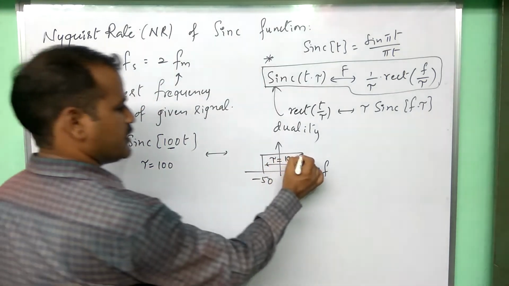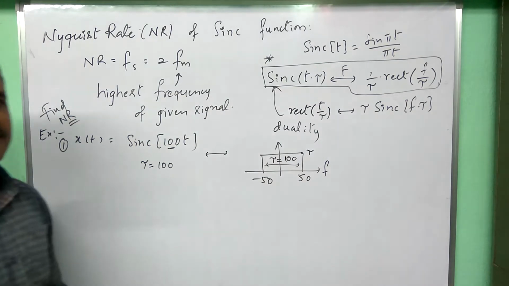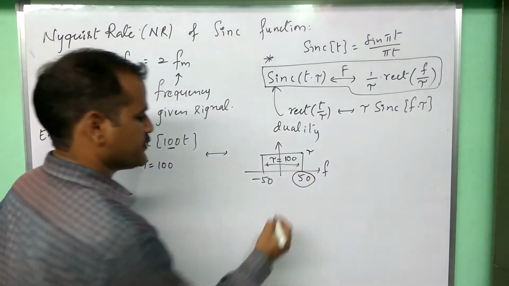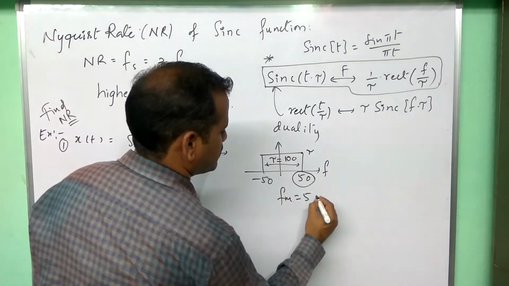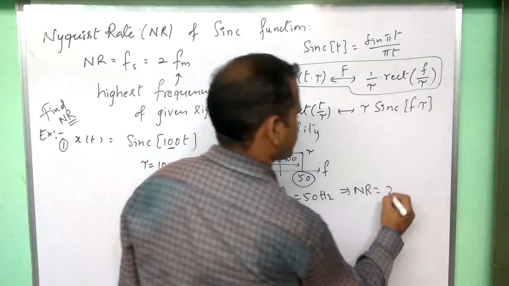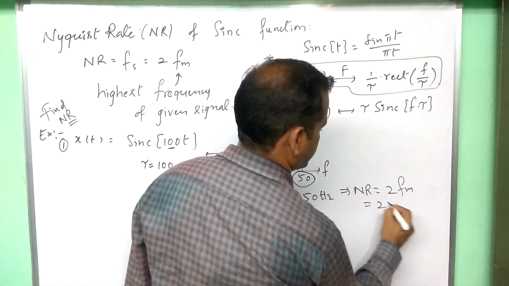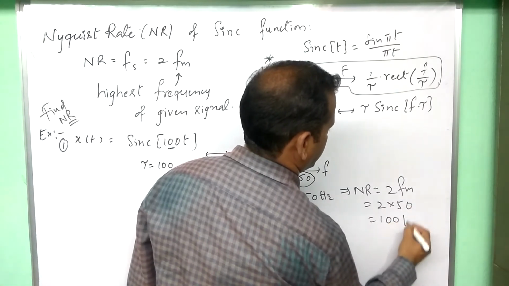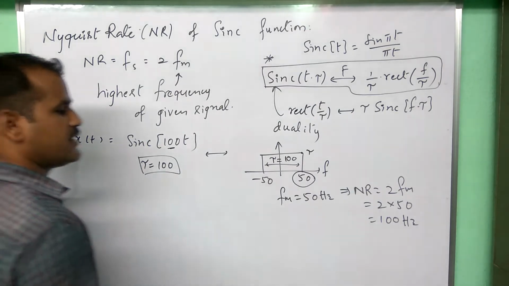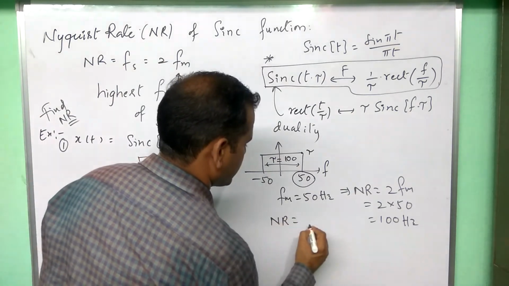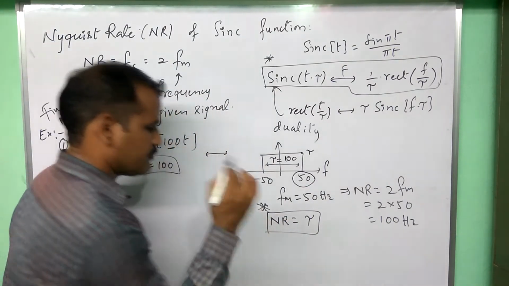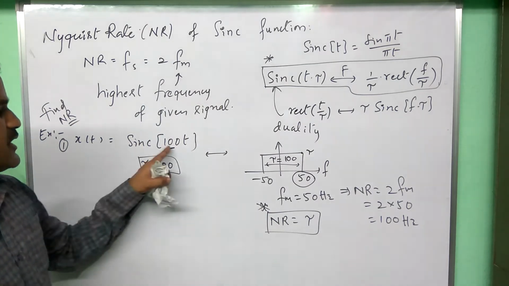And of course tau is the amplitude, it doesn't matter for calculating the Nyquist rate. So the frequency domain gives the highest frequency of the given signal as 50 Hz. That means Nyquist rate is 2 times fm, that is 2 into 50, 100 Hz. If you observe, tau is 100 and the Nyquist rate is also 100. So the Nyquist rate is equal to tau for the sinc function. This is what we should observe and conclude for the sinc function in direct form.